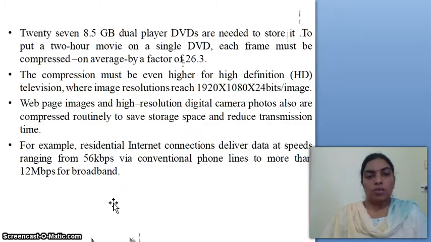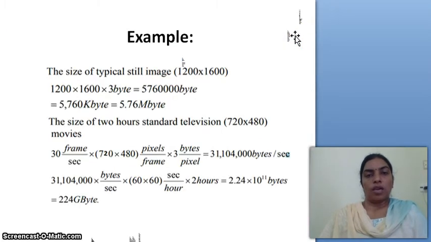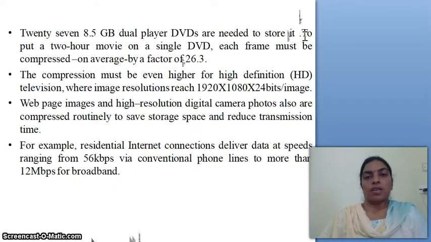So now here 27 8.5 GB dual layer DVDs are needed to store one movie, right? So a 2 hour movie. 224 gigabytes means if you want to watch that movie using DVDs, each dual layer DVD may contain 8.5 GB of storage.